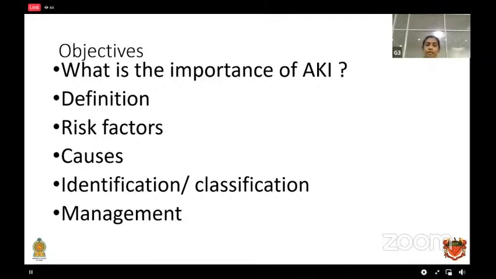Then risk factors and causes, and there is always overlap between risk factors and causes. We'll discuss how we are going to identify AKI and classify the severity. Lastly, I'm going to discuss the management.